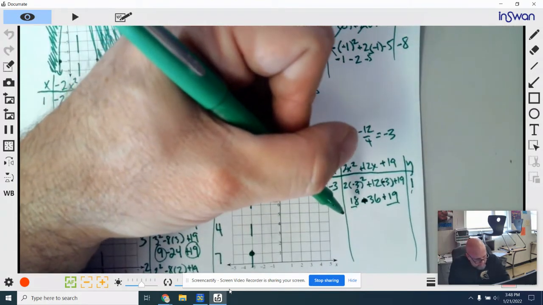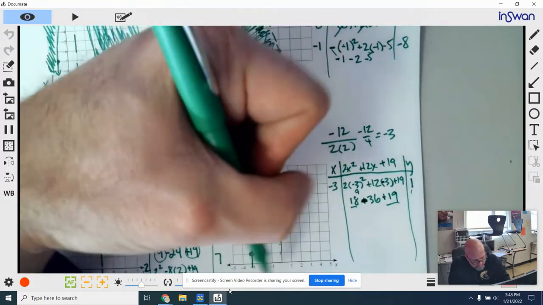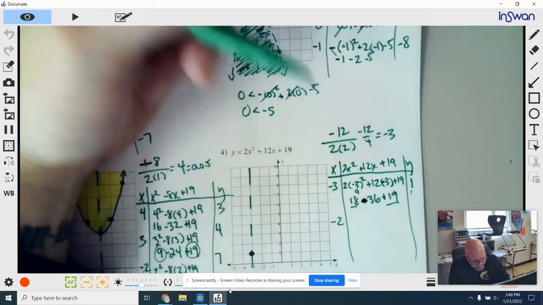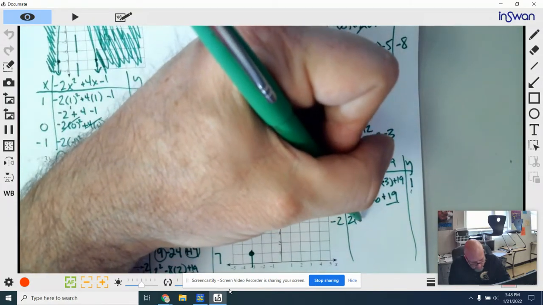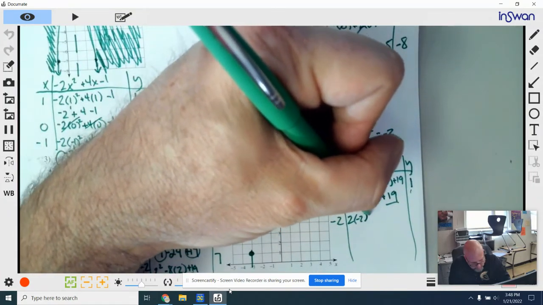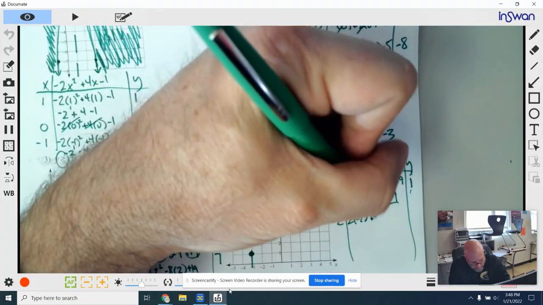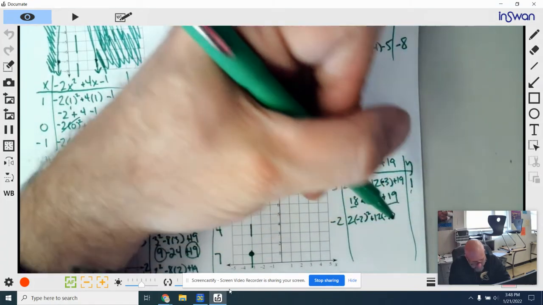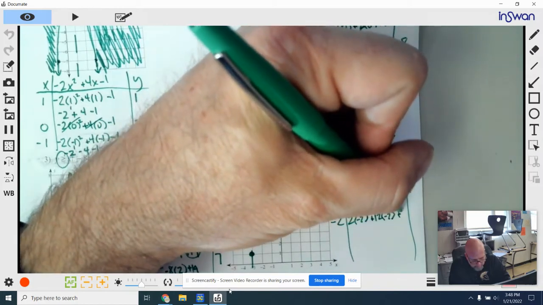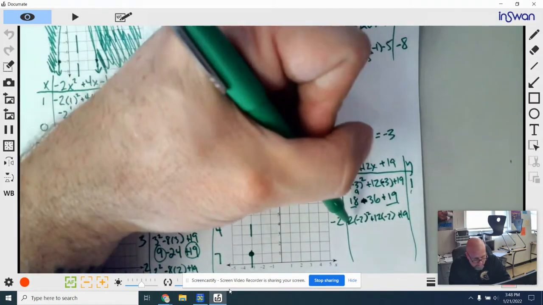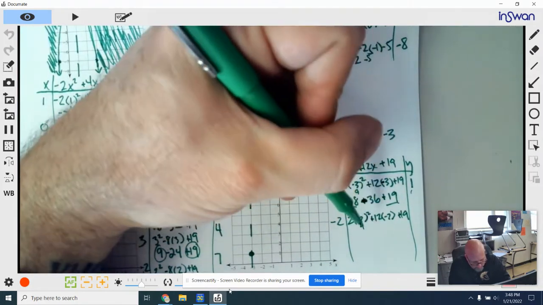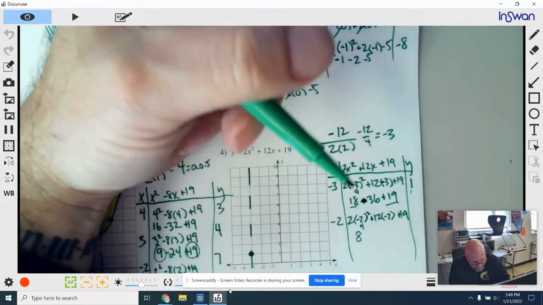All right, so next thing I'm going to do is plug in another value right next to it. I'm going to do negative 2. So I got 2 times negative 2 squared plus 12 times negative 2 plus 19. Okay, negative 2 squared is 4. 2 times 4 is 8.